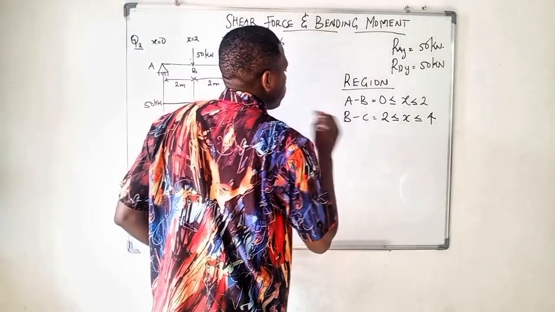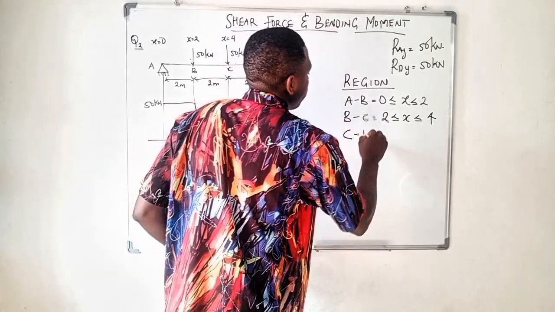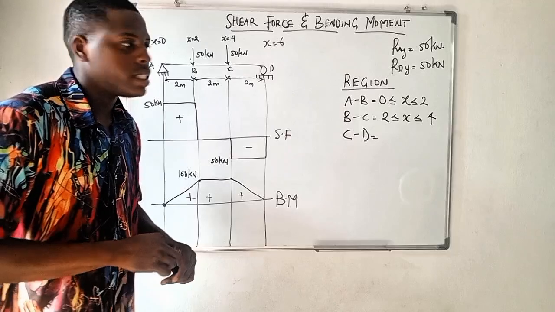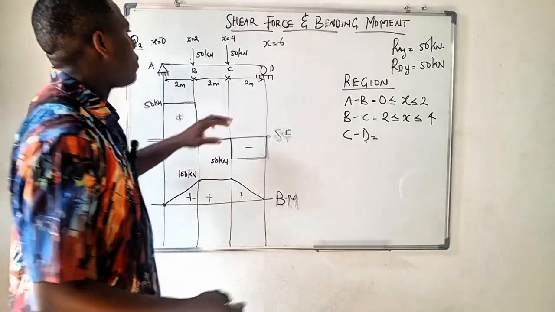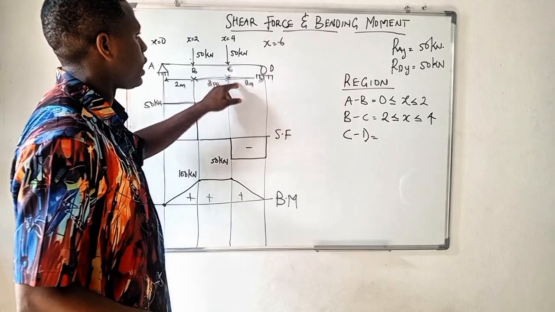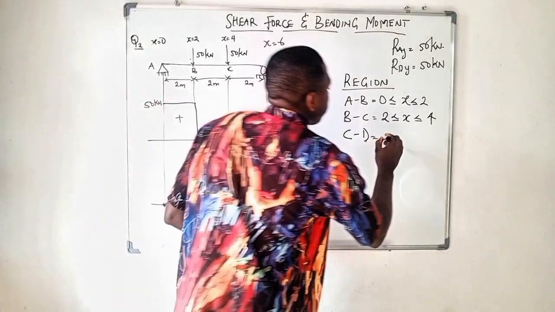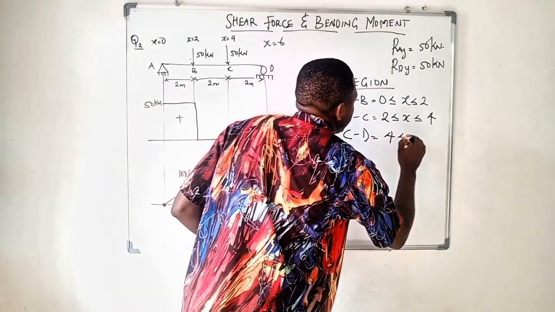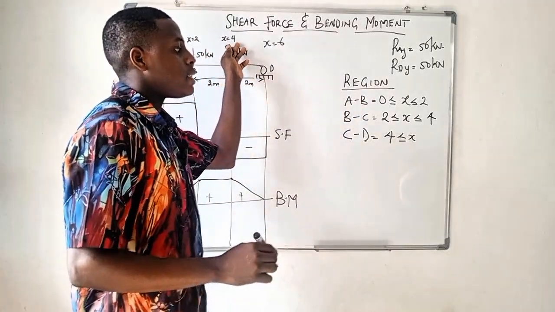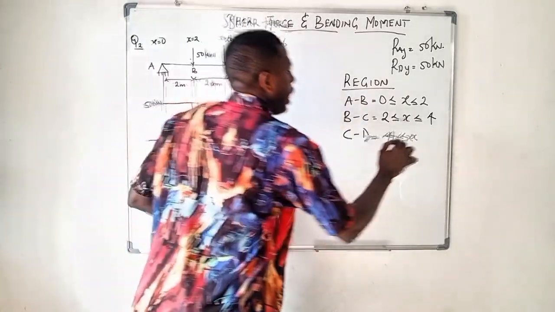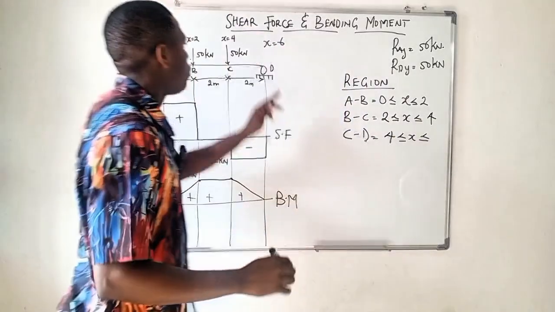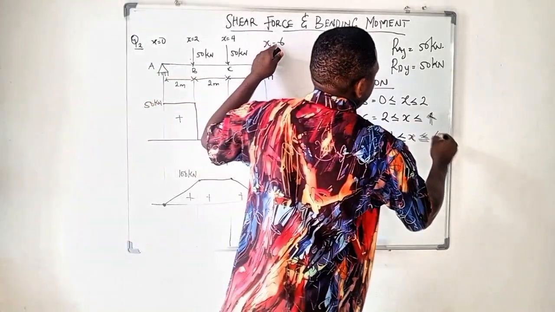So you'll be asked, what's the region from point C to point D? From point C to point D, you interpret it in this manner. For your point C to D, we know that x is 4. So 4 is less than or equal to x, and x is less than or equal to, since we are considering point D, 6.